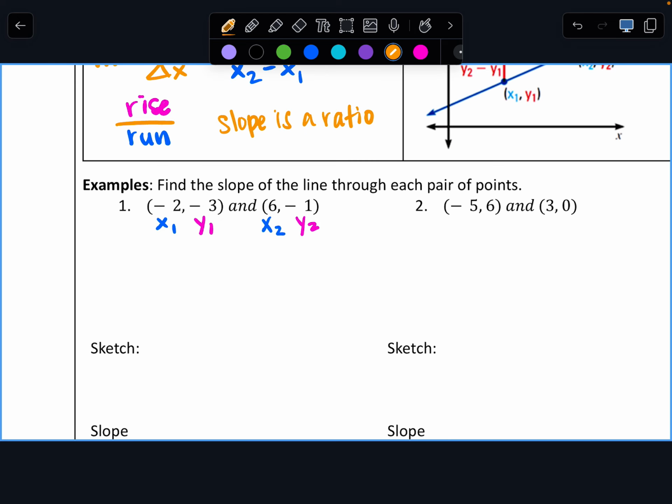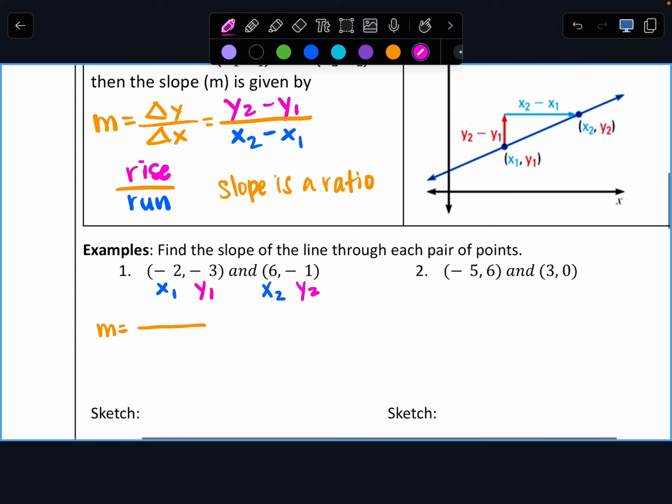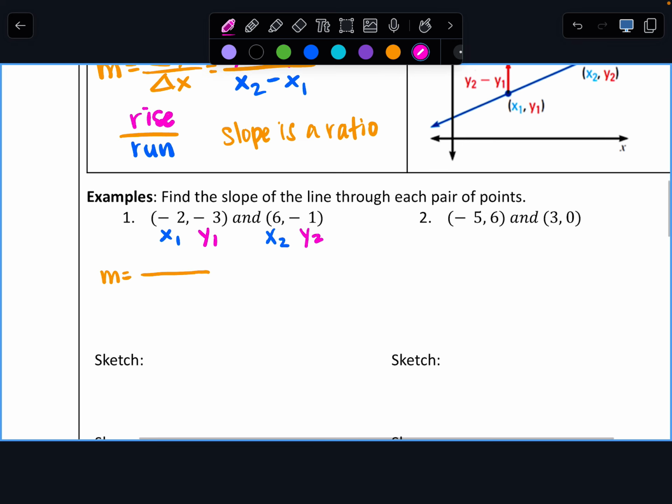So now I'm going to use this formula to find the slope. So my formula is y2 minus y1 on the top of my fraction. So y2 is -1 minus y1 is -3. x2 minus x1 would be 6 minus -2. All I did was plug those in. So this minus sign here will be there every time, even if the number is negative.